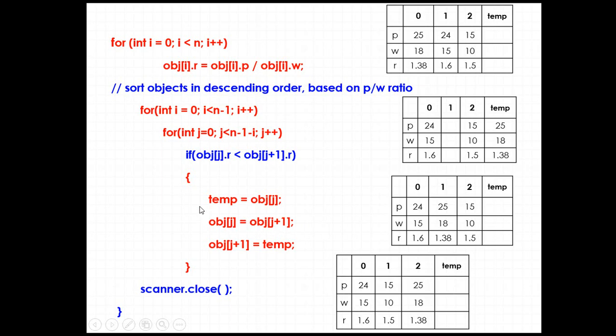Next, once you are done with all the iterations, the final result will be like this: 1.6, 1.5 and 1.38. And one more thing, in your problem, after arranging them in order, I've written the values in table form. While writing like that, I've changed the names of the objects also, right?